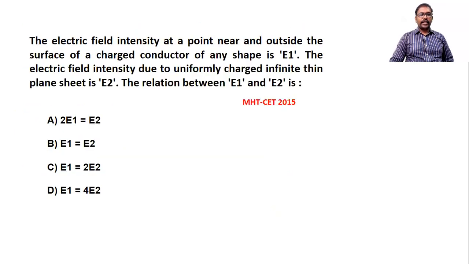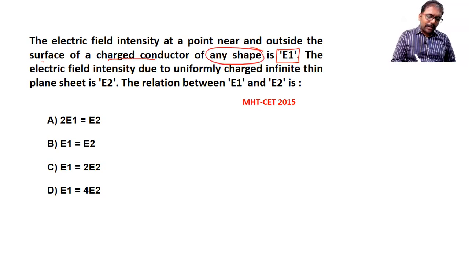Now let me move to the next question. You can see the next question on screen: the electric field intensity at a point near and outside the surface of a charged conductor of any shape is E1. So this is electric intensity at a point near and outside the surface of a charged conductor, having any shape, that is E1.